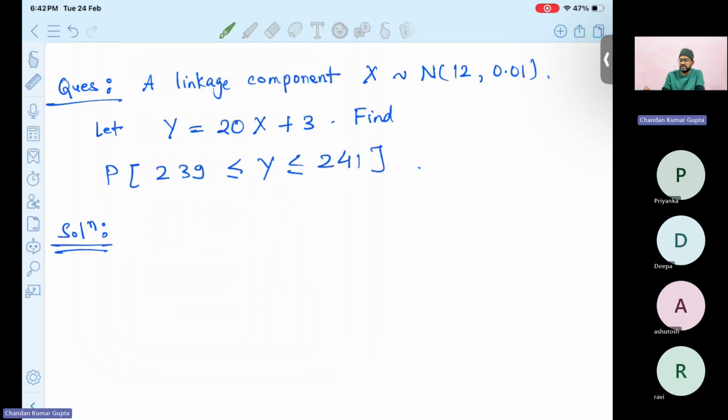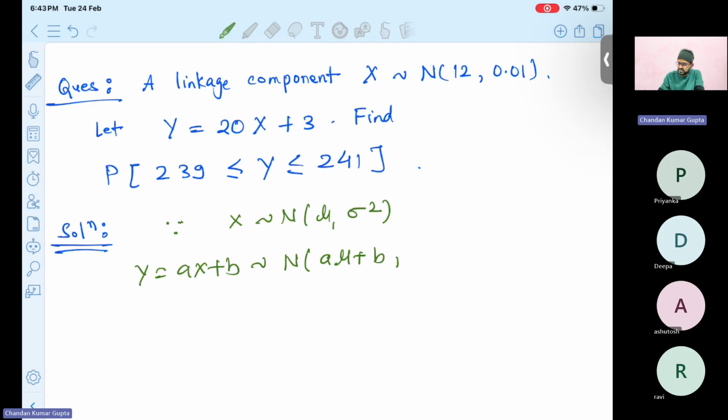As we have already discussed, you may remember that if X follows normal with mu and sigma square, then Y equal to aX plus b follows normal with a mu plus b and a square sigma square.